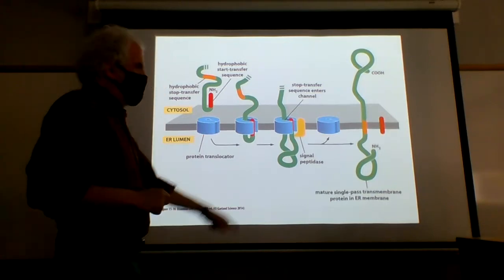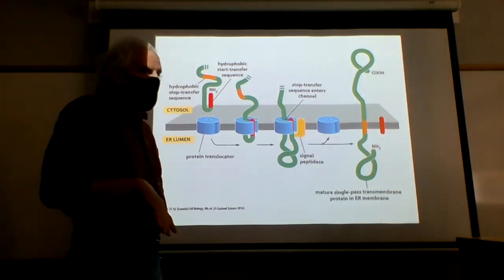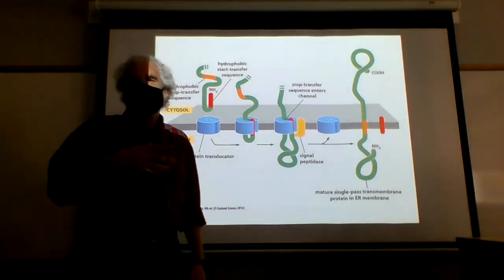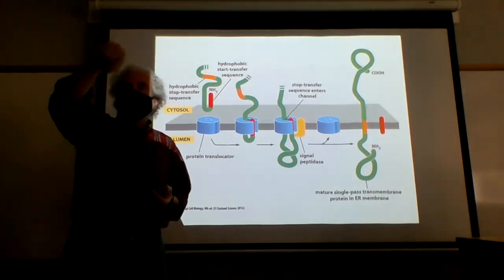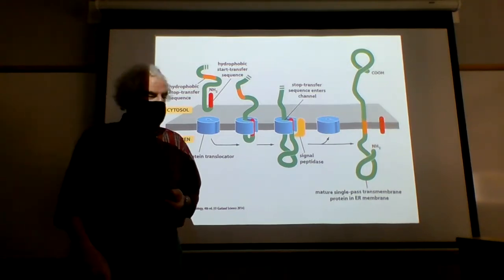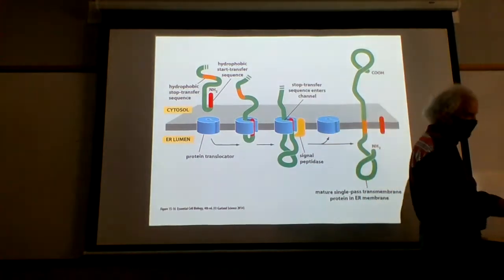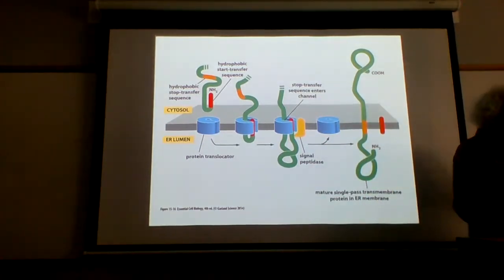Single-pass transmembrane proteins are around, but a lot of receptors and a lot of channels are multi-pass. They'll have like 7 transmembrane stretches. And this mechanism of co-translational translocation takes that into account and figures it out pretty well.